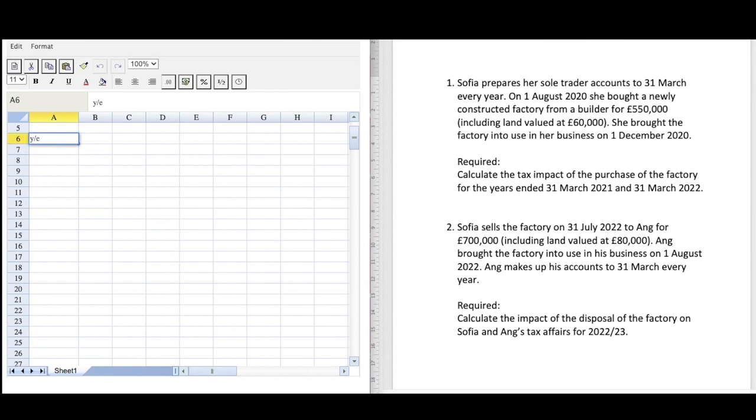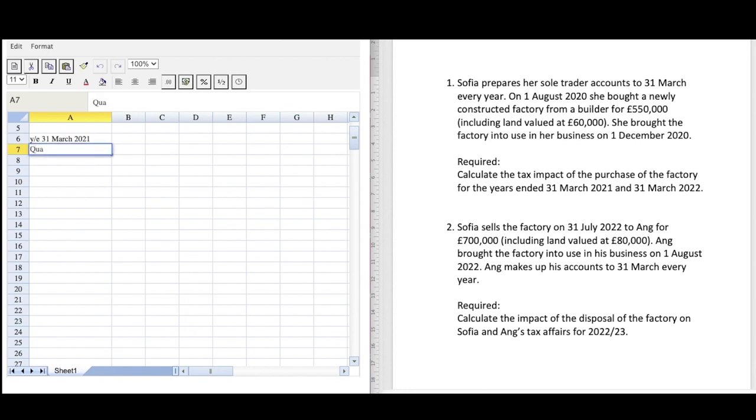We've got the year ended the 31st of March 2021 first of all. So let's consider what happens there. That's the period in which we actually purchase the factory. So the factory qualifies for the structures and buildings allowance, but what you need to watch out for is the value you're going to use, because you've got a couple of figures here. You've got 550,000 paid to the builder, but within that was £60,000 to do with land.